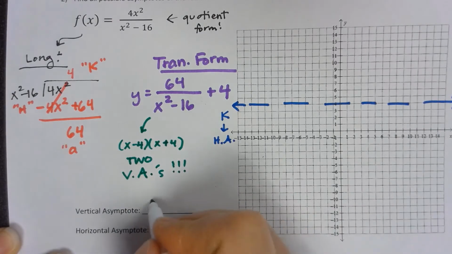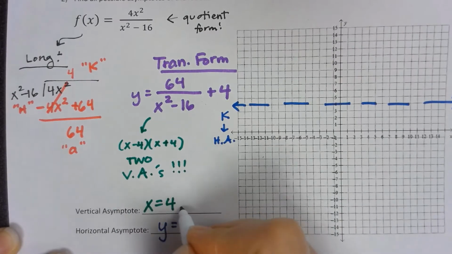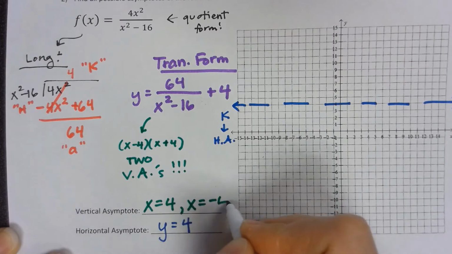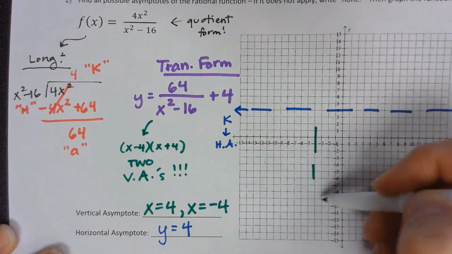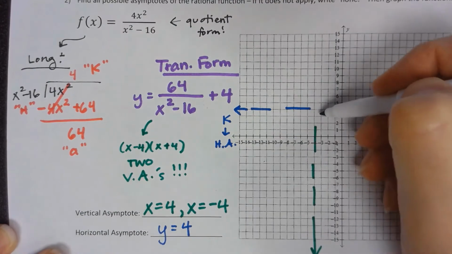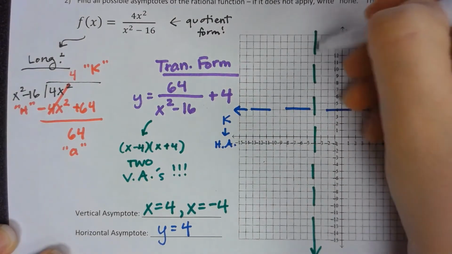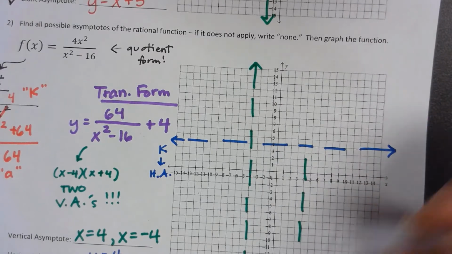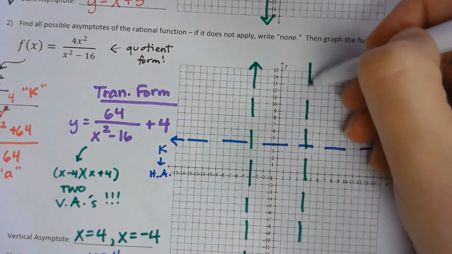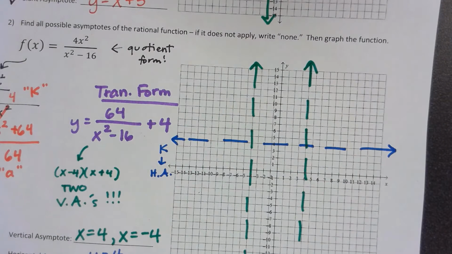So we're going to have a vertical asymptote at x equals 4, then we're going to have a vertical asymptote at x equals negative 4. Okay, so I'll graph that, one of them here at negative 4, and the other at positive 4. So now you can see kind of the 3 sections of the graph that have been created.